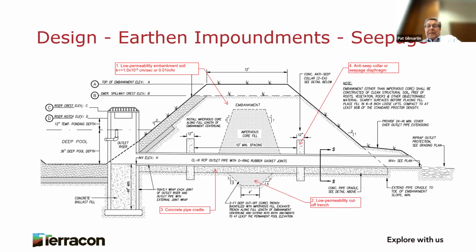If the embankment material is not low permeability soil, then an impervious core can be included in the design as shown in this example. For stormwater control measures, low permeability soils typically include silts and clays, but they can also include clayey sands with at least, I would say, about 30% fines, maybe 20% fines.